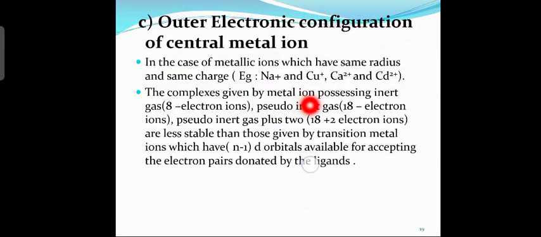The complex given by metal ion possesses inert gas. Inert gas means 8 electron ions. Pseudo inert gas means 18 electron ions. Pseudo inert gas, 18 plus 2 electron ions, are less stable than those given by transition metal ions which have n minus 1 d orbitals available for accepting the electron pairs donated by the ligands.